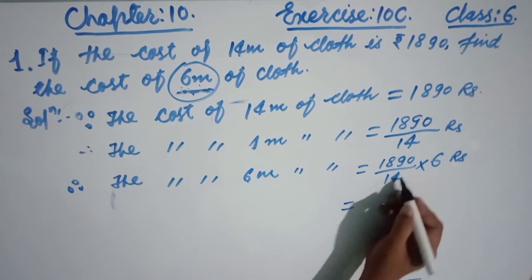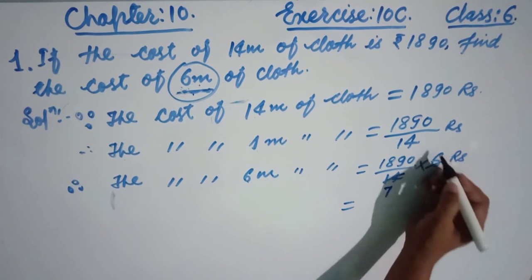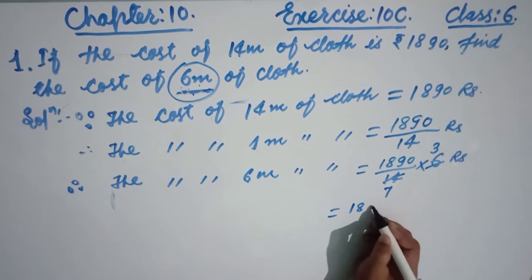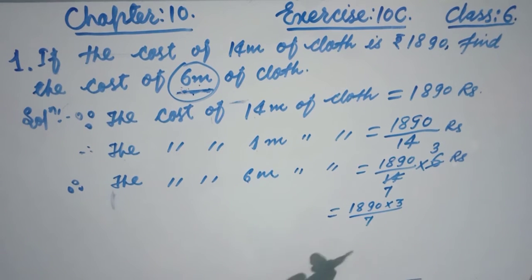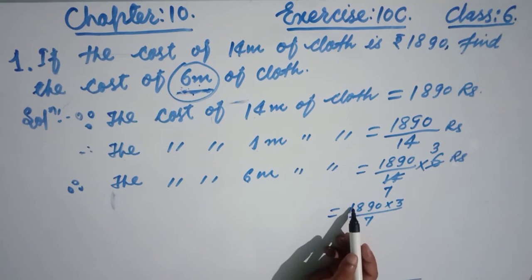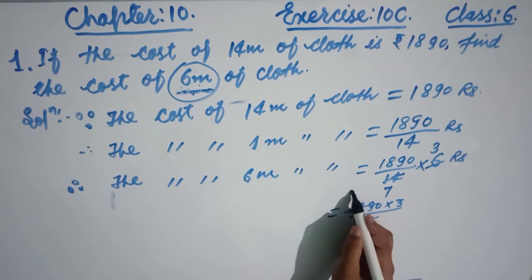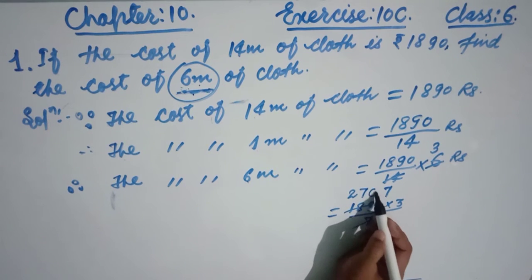Now calculate friends, 2 7s are 14, and this is 2 3s. Now we get 1890 multiply by 3 divided by 7. Now see friends, 7 2s are 14, 4 is balance, 7 7s are 49, 1 times 0.